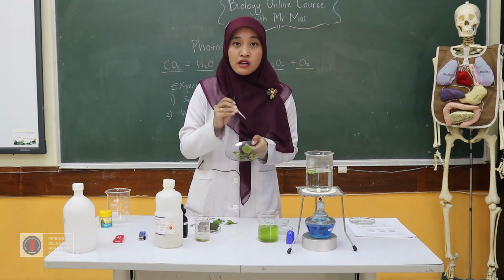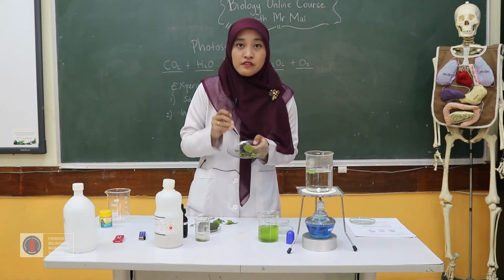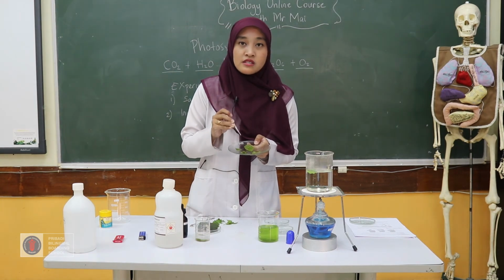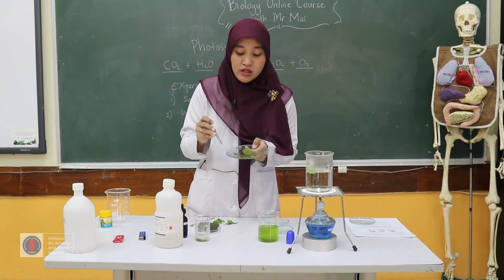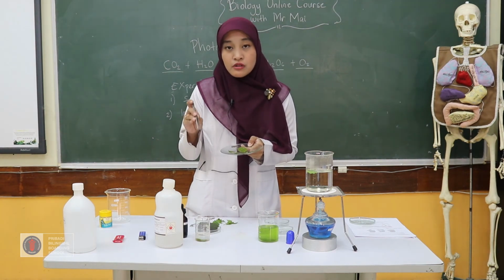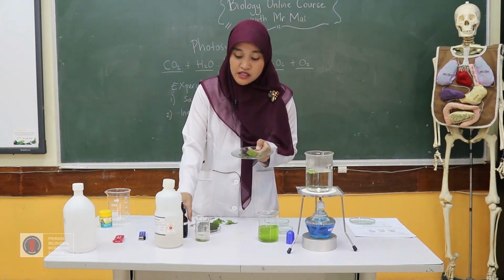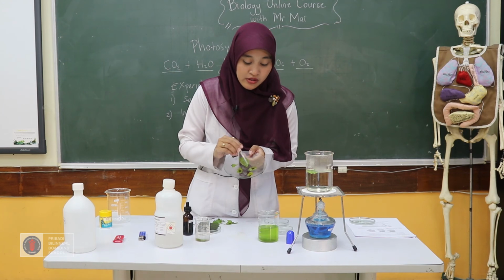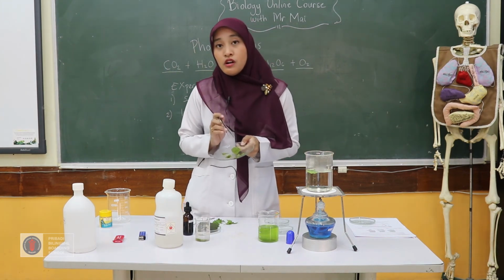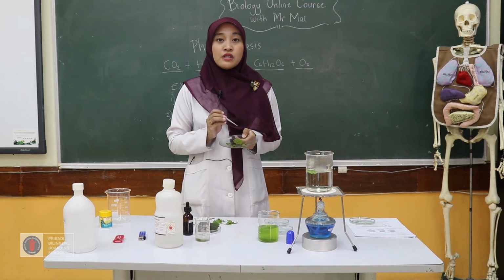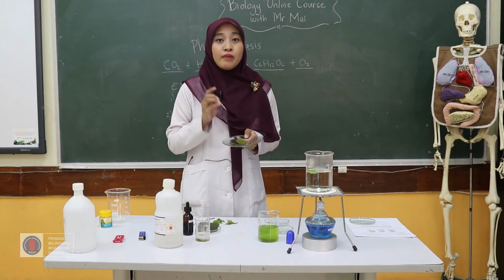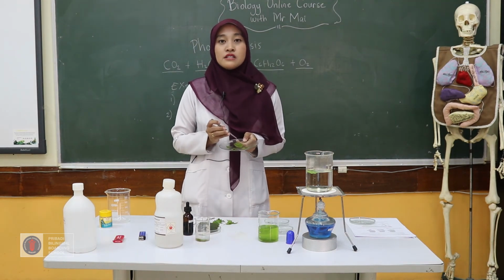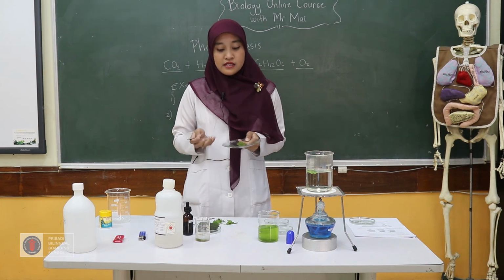If it's not covered with the carbon paper, the leaf can receive light from the sunlight, and then photosynthesis happens inside the leaf. And when we test with the reagent for starch, which is Lugol, it becomes blue-black. So the color will change. From this experiment, we can conclude that photosynthesis produces glucose that is stored in the leaves as starch.